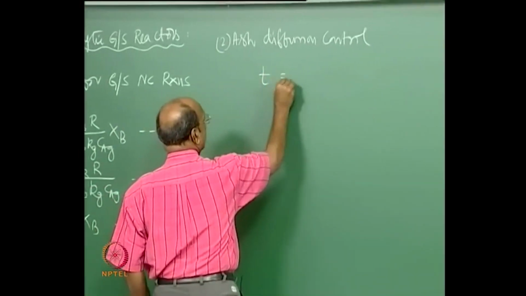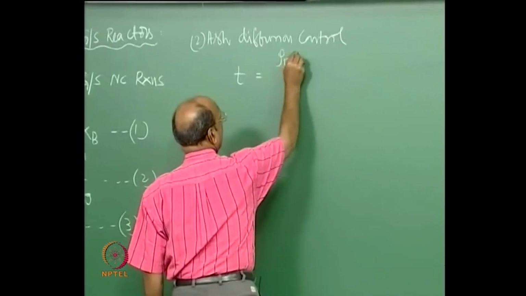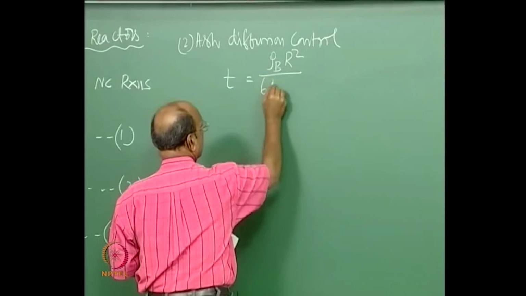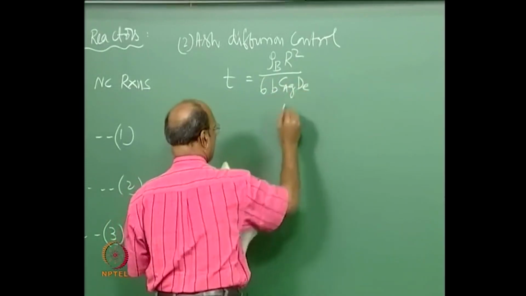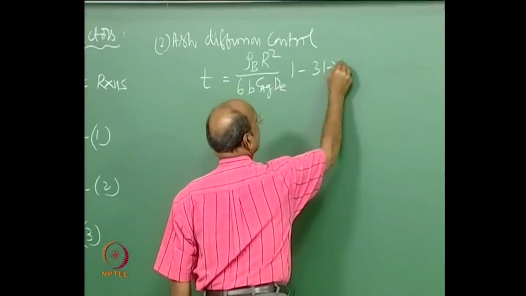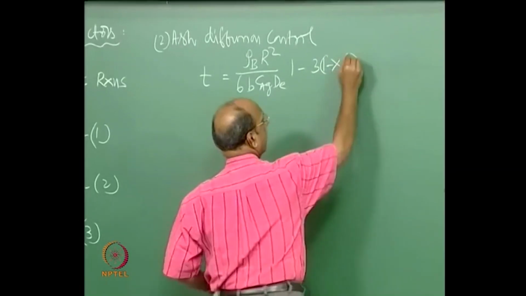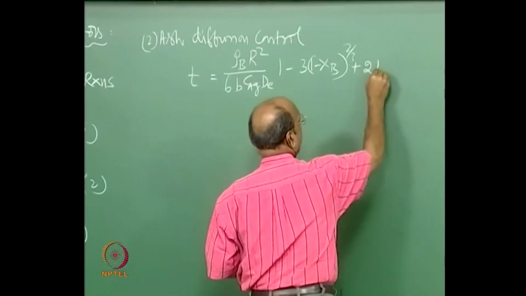So T alone, individual steps, is rho b r square by 6 b cag d, times 3 into 1 minus xb to the power of 2 by 3, plus 2 into 1 minus xb, right?